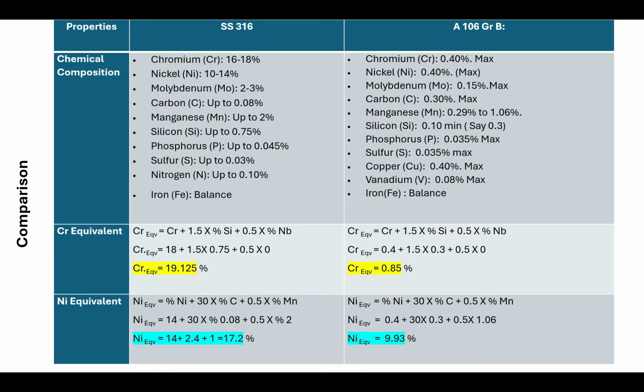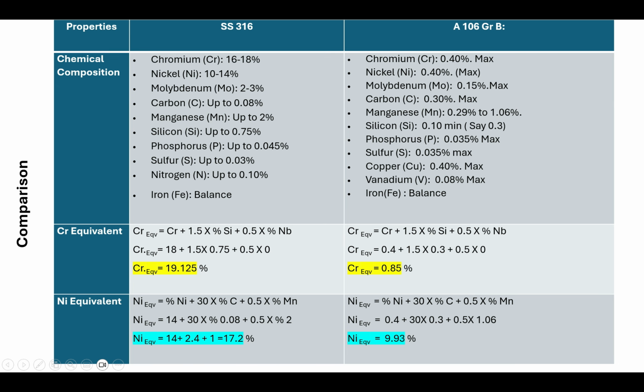Sulfur, phosphorus and the rest are as per this table, and the remainder is iron. So what makes stainless steel 316 is chromium 16 to 18%, nickel 10 to 14%, molybdenum 2 to 3%, manganese up to 2%, silicon up to 0.75%, and the remainder iron.